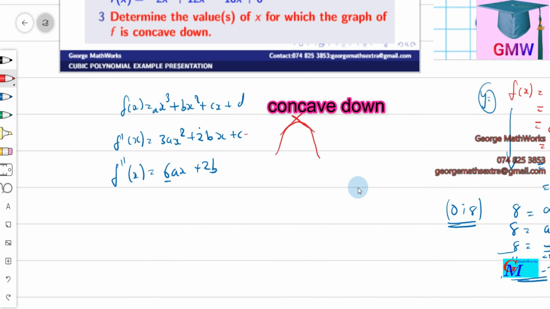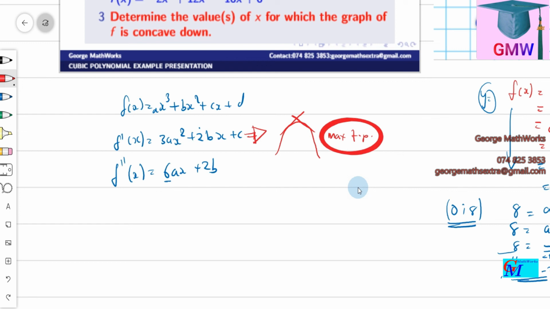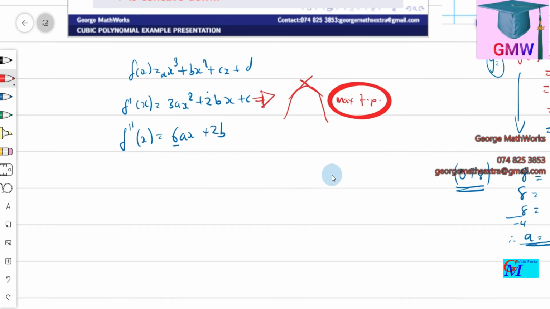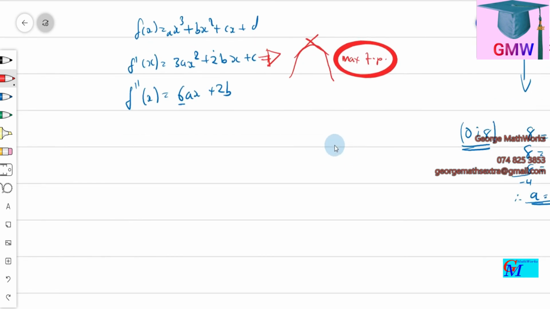And from our knowledge of quadratic equations, this can only happen if it means a maximum turning point. So how do we get a maximum turning point? A maximum turning point is found when the second derivative at that point should be less than 0.